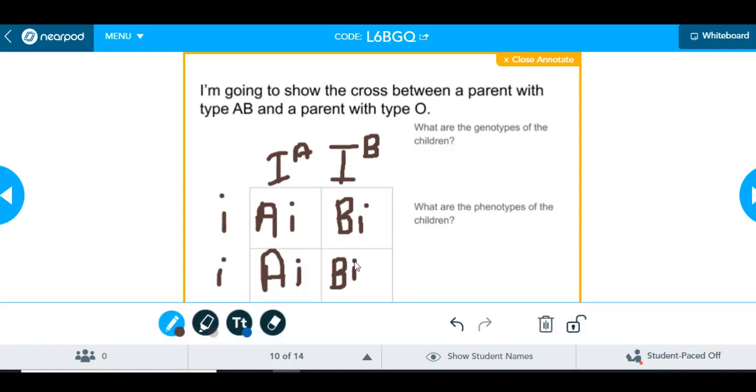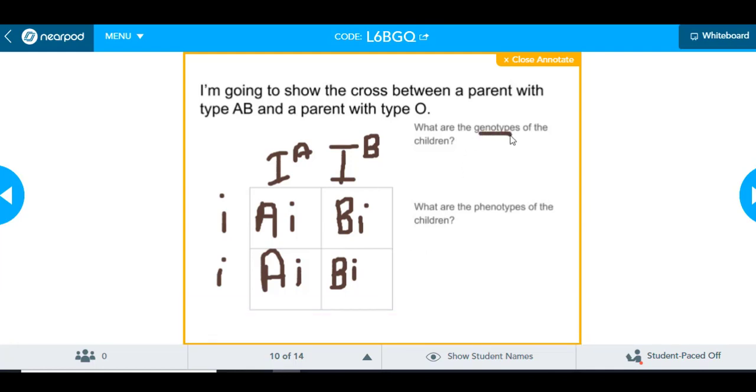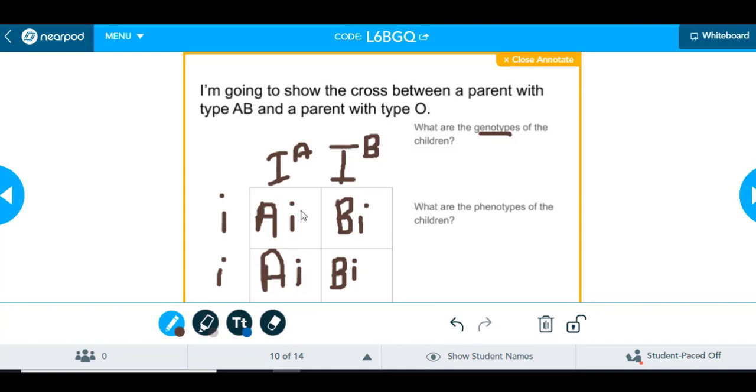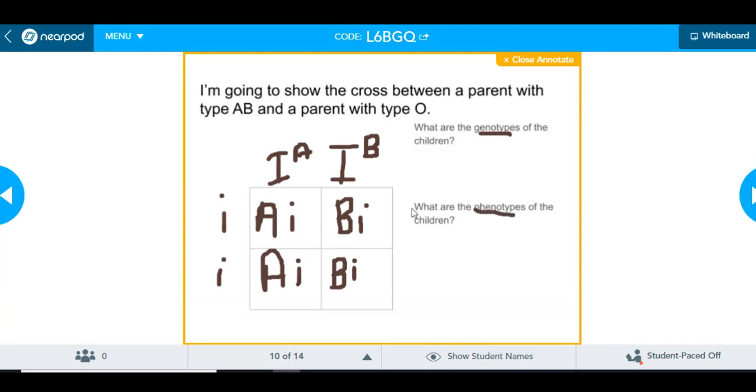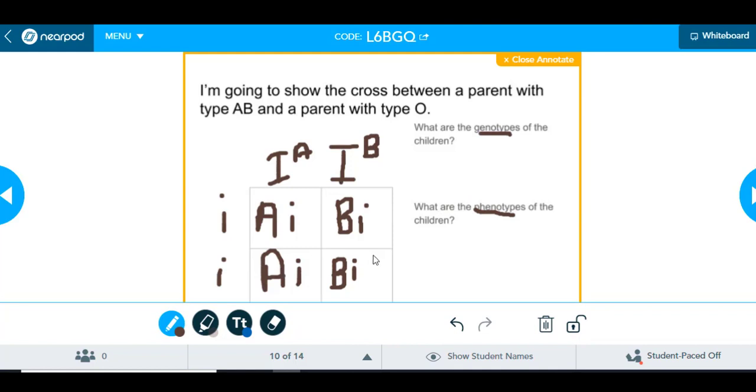Okay, so all of their children in this case are heterozygous. Their genotypes are 50% heterozygous for A, 50% heterozygous for B, and the phenotypes, 50% or 1-to-1 type A blood to type B blood.